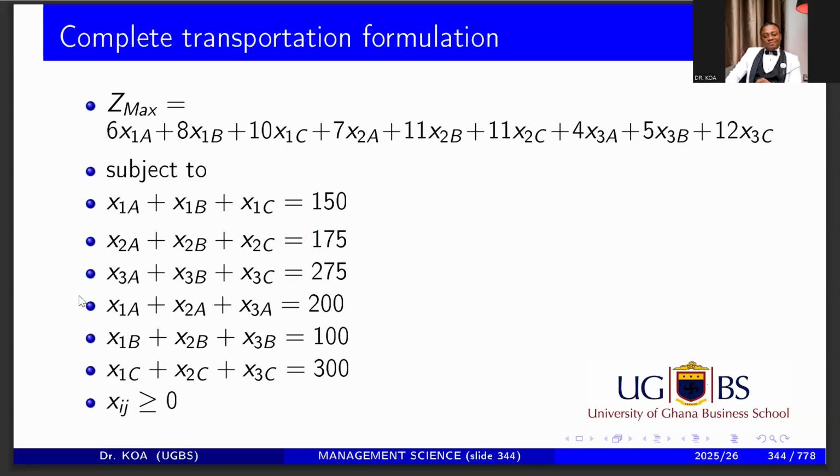And this is the final formulation. The only thing left now is to add your non-negativity constraint, and you are done. I made a typo by writing maximize, but this is supposed to be minimize. So please take note. Who is not clear? Don't forget the non-negativity constraint.